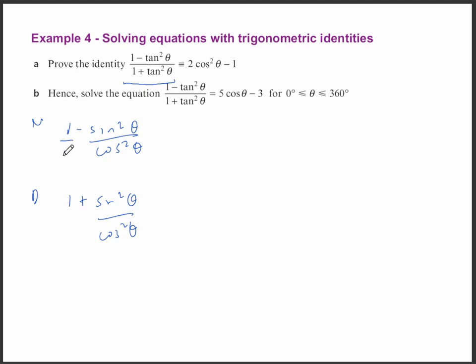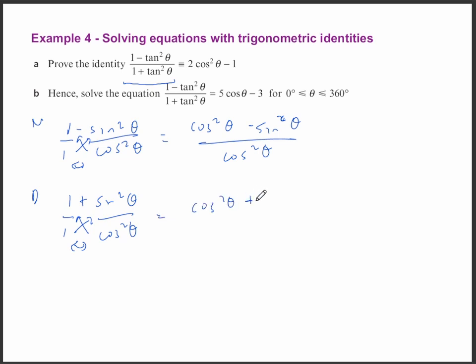So we can make the denominator of this 1, then we can just do a normal cross multiplication, obviously multiplying the denominators as well. And for the top one, we would get cos square theta minus sine square theta over cos square theta. And then for this one, we would get cos square theta plus sine square theta over cos square theta.